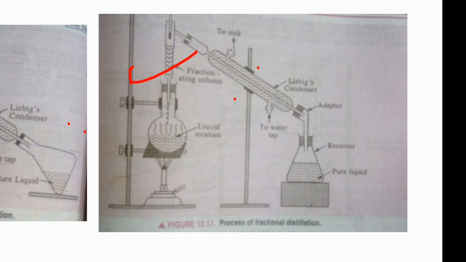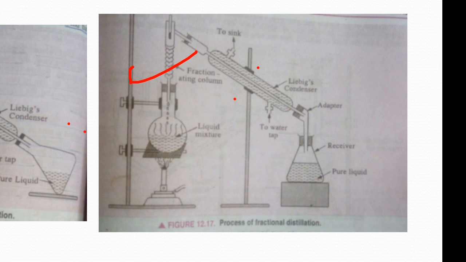The second one, having a high boiling point, will come above in the fractionating column. The molecules of the B component, which has a high boiling point, will collide here and lose energy. So they will come back to the distillation flask. The energy lost by the B component will be taken by the A component, which has a low boiling point.